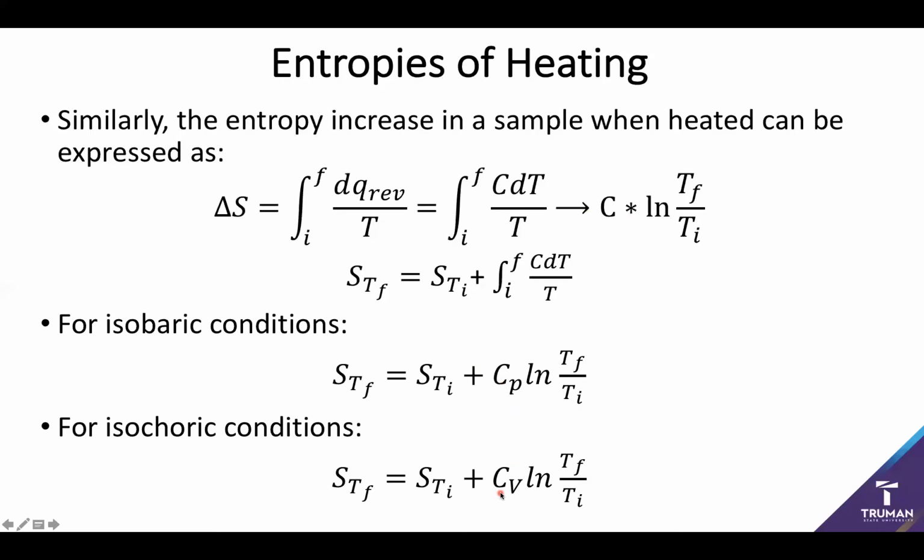So again, one of the things you should be very aware of when you're playing around with entropy is that the change of entropy with temperature is going to very much rely on whether you're using isobaric or isochoric conditions. And unfortunately, if you're under neither regime, you're often going to run into trouble because you won't know the form of the heat capacity.